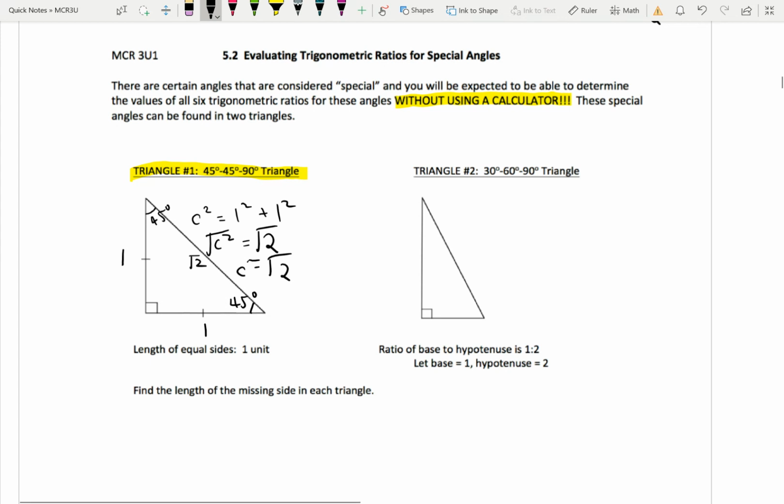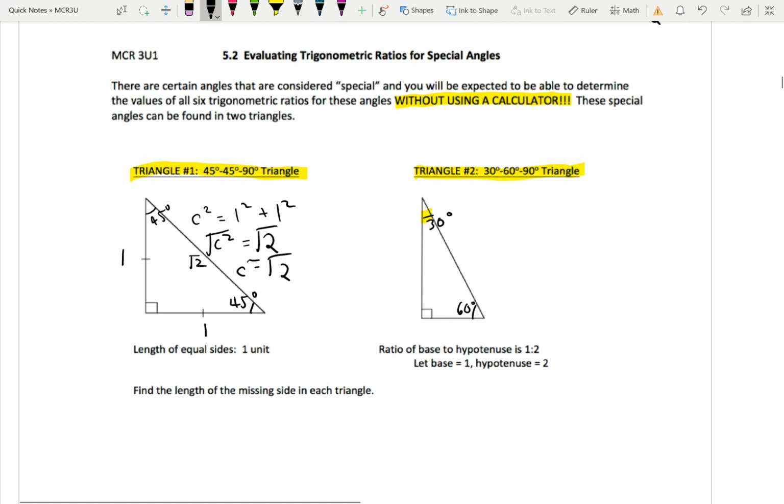The second one that you need to memorize is triangle 2, which is called the 30-60-90 triangle, because that's pretty much the angles of this thing. We'll start with the easier part, which is to label the angles. This is the 30 degrees, because it's noticeably the smaller angle, and 60 degrees is the larger one, and the 90 degrees is the one marked by the square.